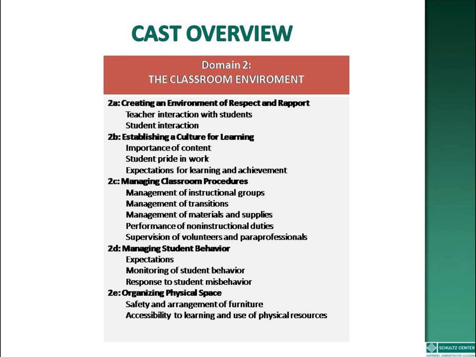And component 2A, Creating an Environment of Respect and Rapport, contains 2 elements: teacher interaction with students and student interaction. Each profession has a language of practice, and this framework serves as our common language of instruction.